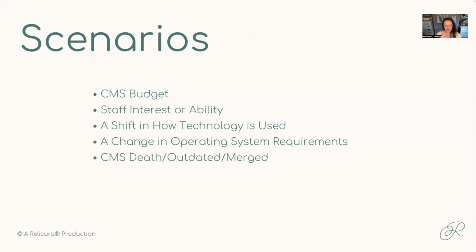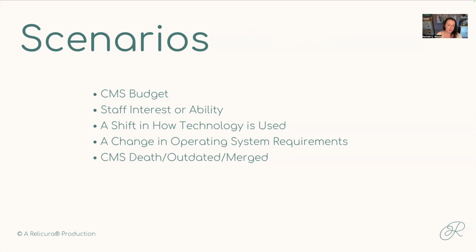But as an example, that's a complete shift in how technology could be used. So keep an eye out for whether it is technology changing or museum or archives needs changing. The through line there is that there is a change in how we want to use the particular technology.